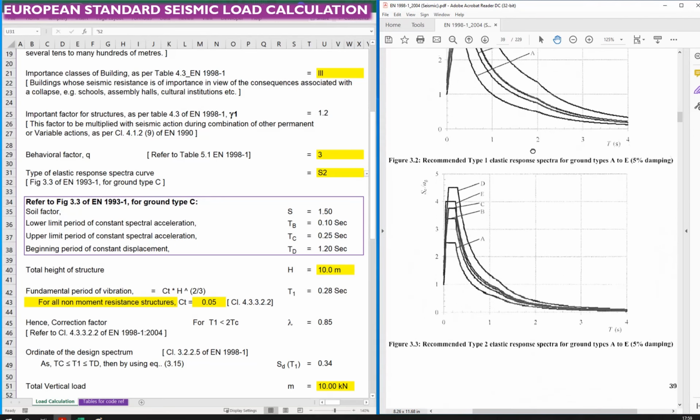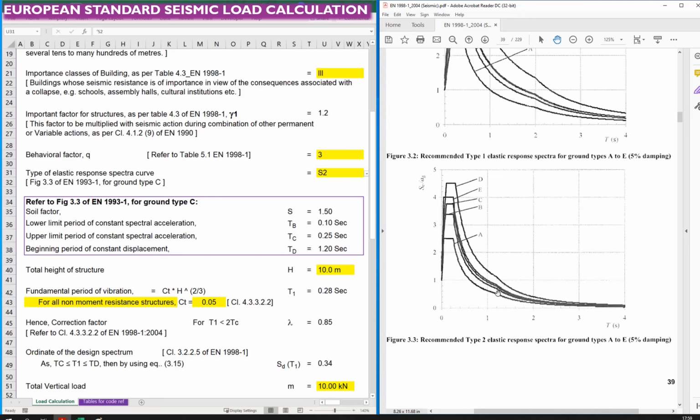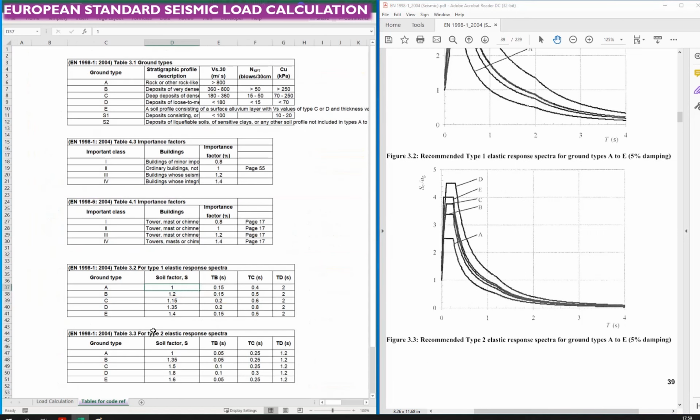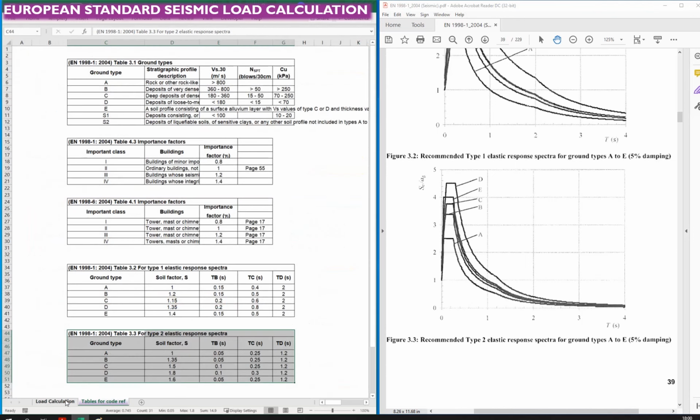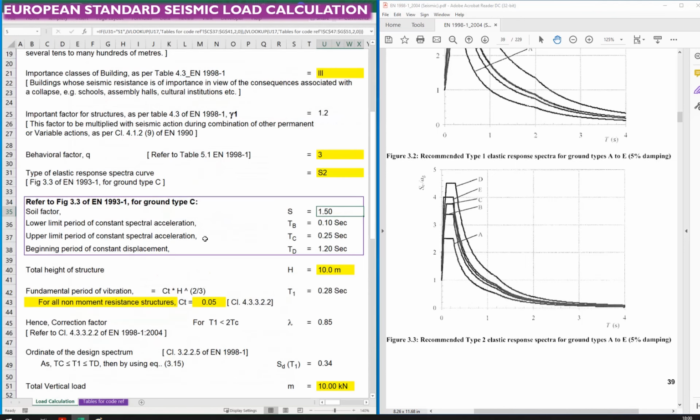So if you see here, this chart, I extracted the values and added them into that backup table for elastic type 1 and 2, so that these values S, TB, TC, TD will come directly from this table by simply selecting this drop down list.